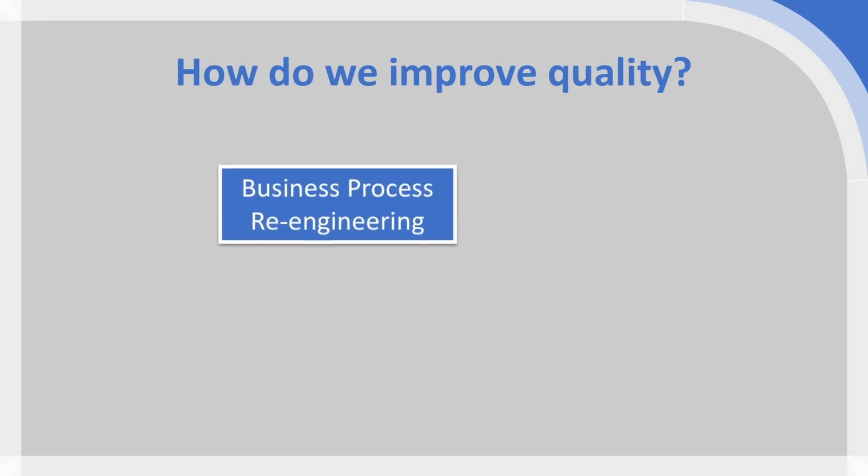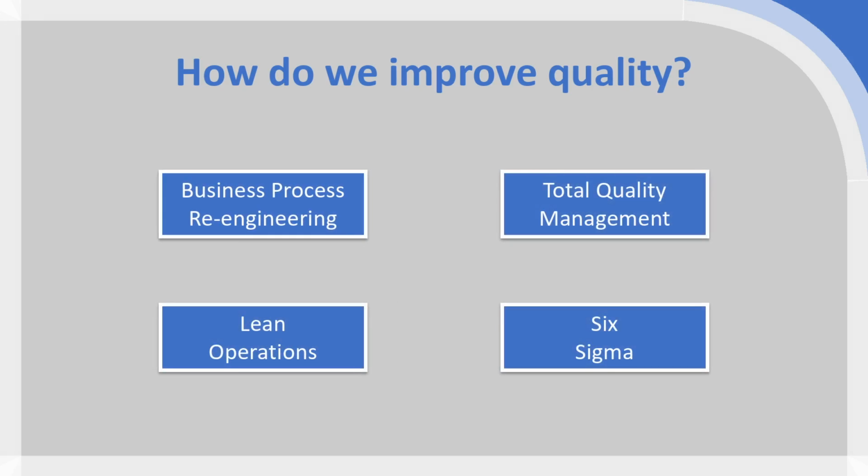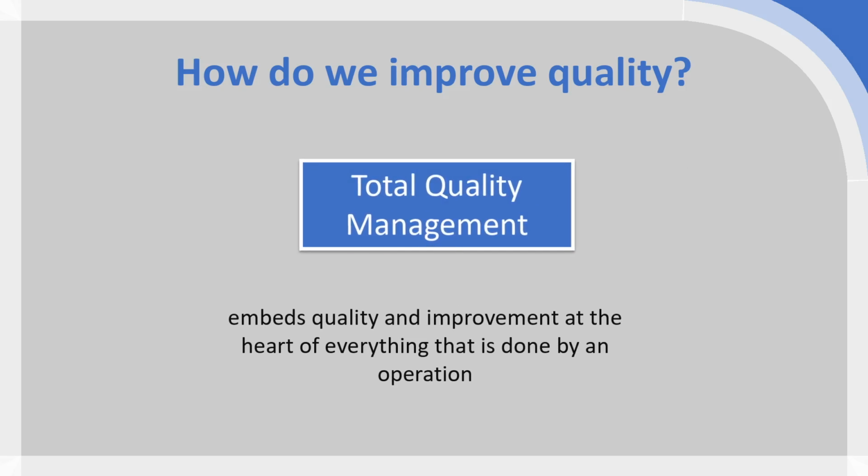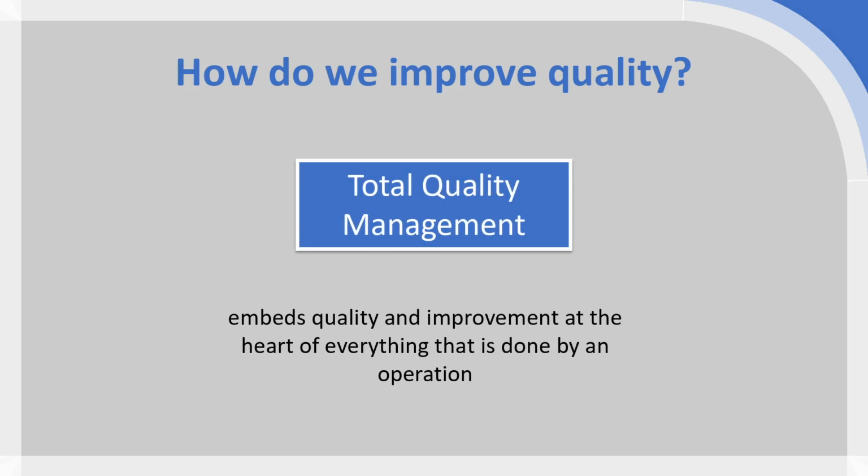So if we move to our next approach, TQM, or total quality management, which is a very popular and very dominant paradigm within quality management over the last 60 or 70 years. So with this, we're focused on embedding quality within everything within an organization, and all levels of the organization, all staff members, all functional areas.